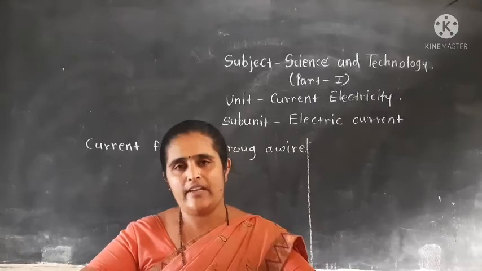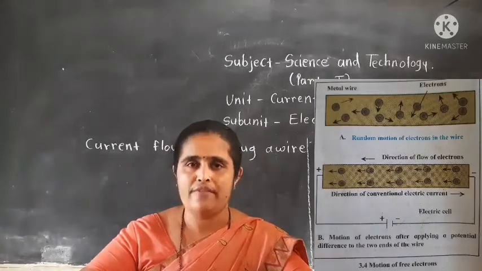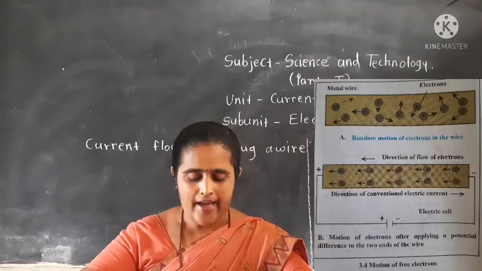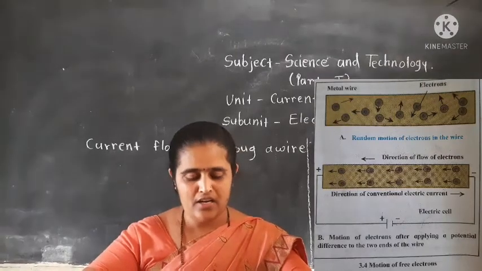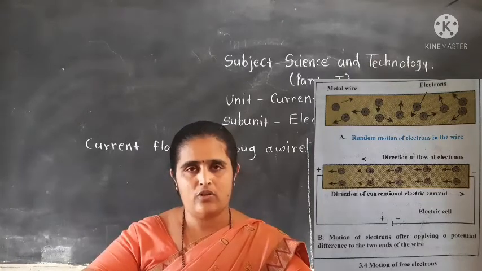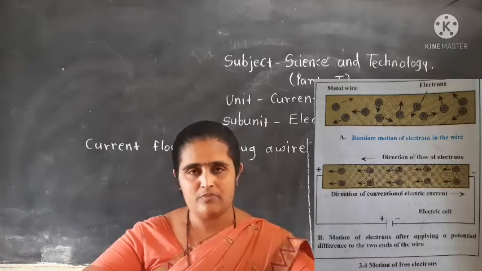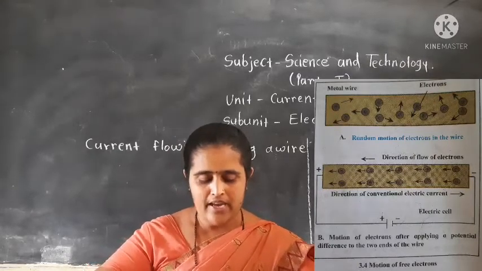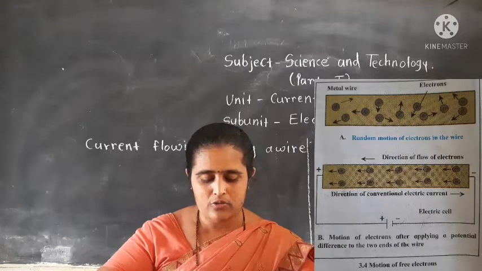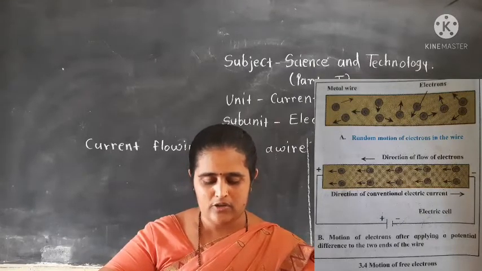Look at this diagram present on your screen. This diagram is about the motion of free electrons. As shown in the figure, if the conducting wire is not connected to a cell, its free electrons move randomly in all directions in the space between the atoms. When we connect the ends of the wire to the two terminals of the cell, an electric force acts on the electrons.